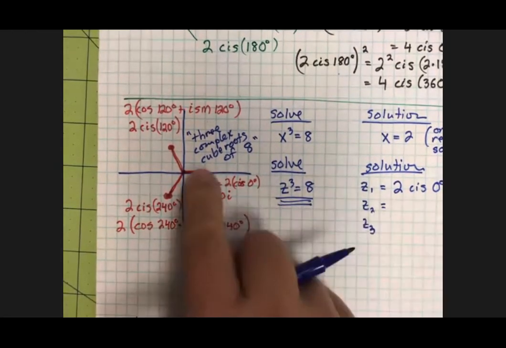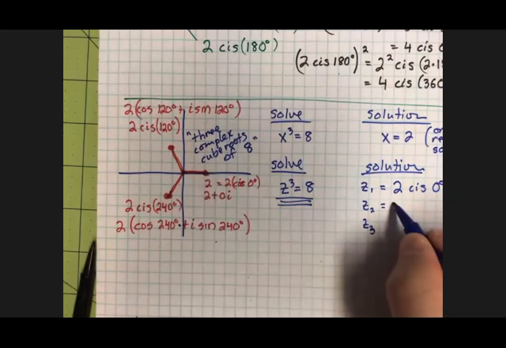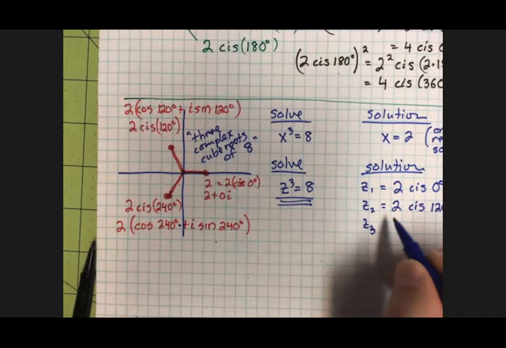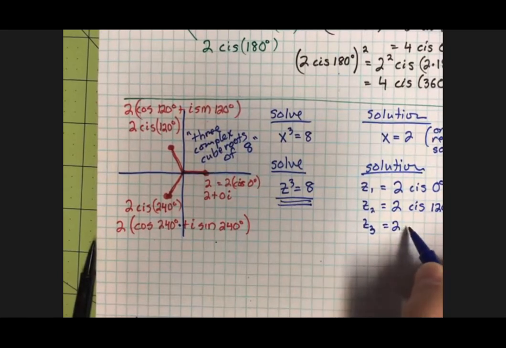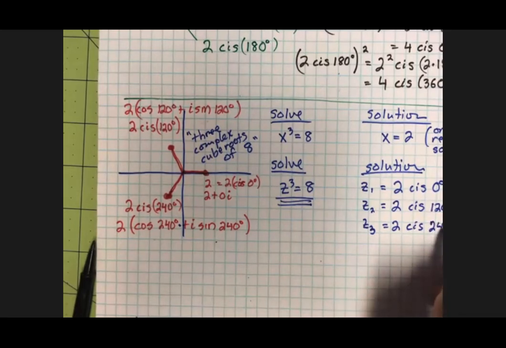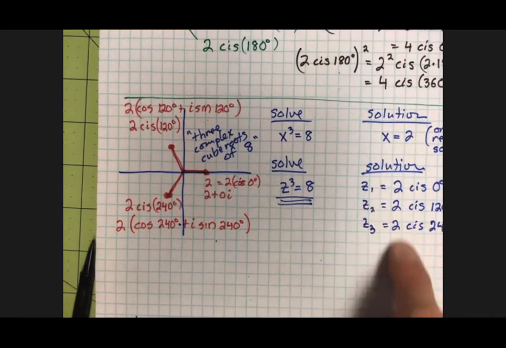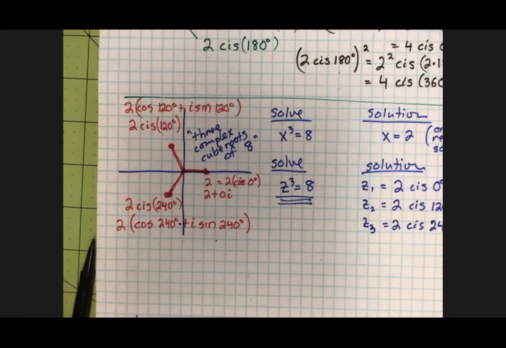The second one, 120 degrees later, was 2 cis 120. And the third one, 120 degrees later, was 2 cis 240. Let's type each of these in the calculator and cube it. I better get 8 each time.